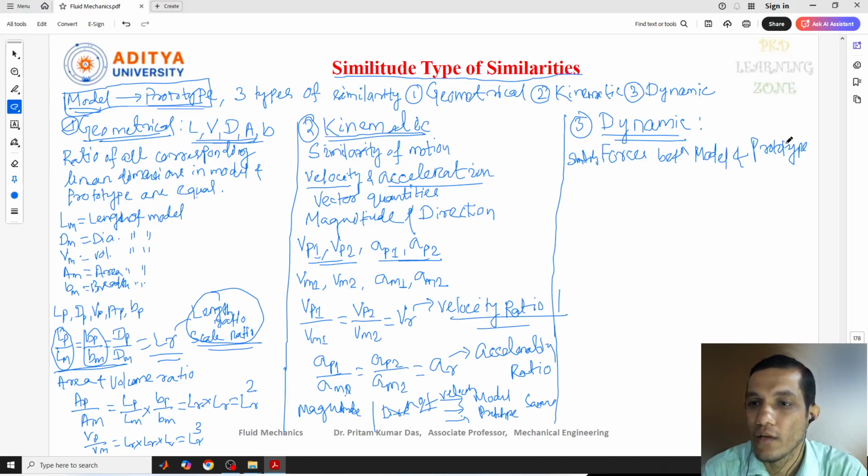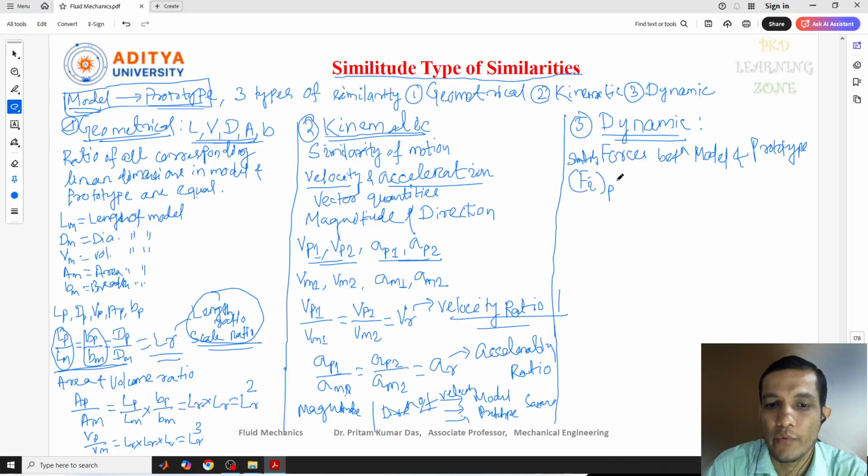What forces can be considered when the fluid is flowing? Suppose we consider the inertia force of the prototype.